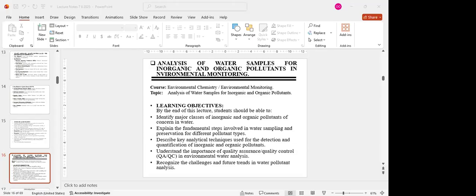We have the UVs here, we have the analyzers, we have some of these photometric analysis. We even have this flame photometry. They are all here. It depends on what you are working on, and these projects are designed to suit what we have on ground.